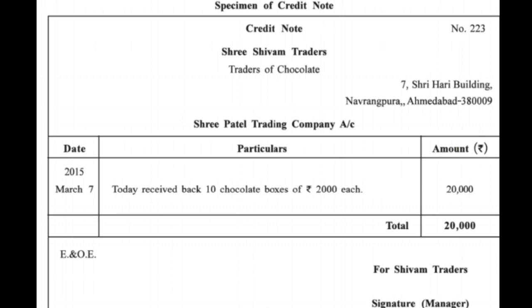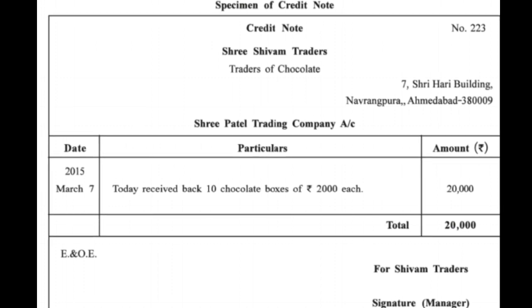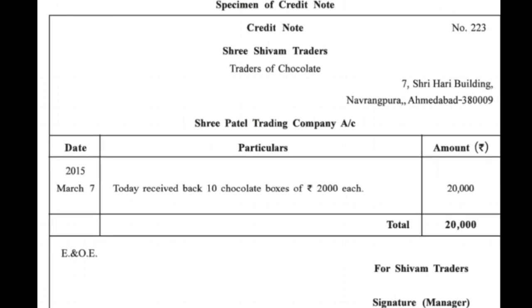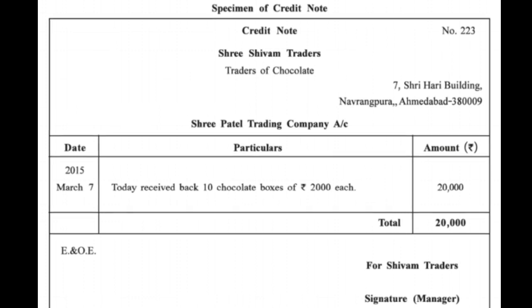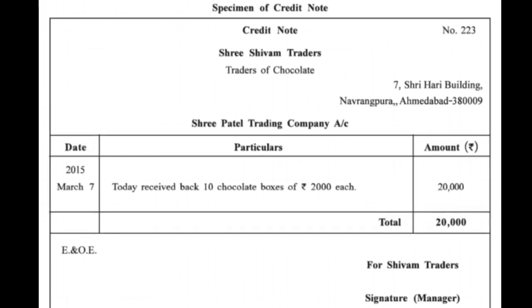So the net value of goods, rupees 20,000, is also mentioned over here, and the reason for returning is because of the damage, inferior quality of chocolate. So this is a specimen of the credit note which is sent when the sales are returned, or when as a trader we get the sales return back. We send this credit note to a customer.